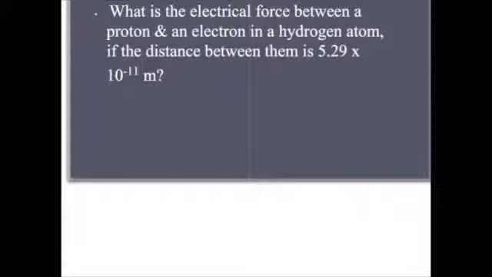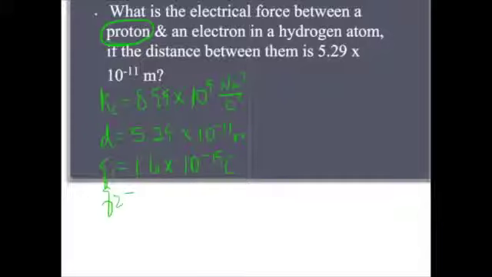First, let's write what we know. We know Coulomb's constant is 8.99 times 10 to the 9th newton meter squared per coulomb squared. We know the distance between the charges is 5.29 times 10 to the negative 11 meters. We know the value of Q1, because it says it's a proton, is 1.6 times 10 to the minus 19 coulombs.